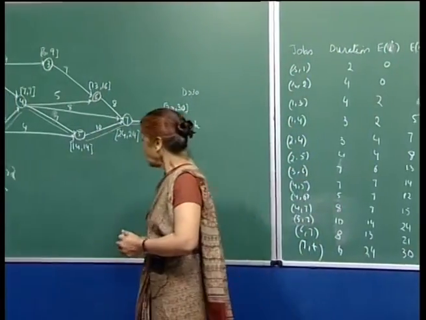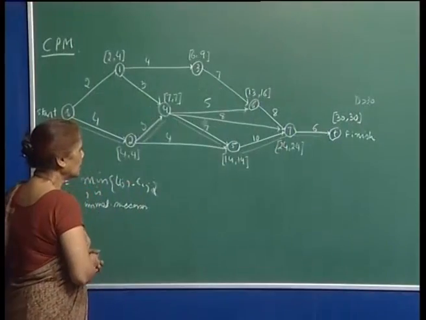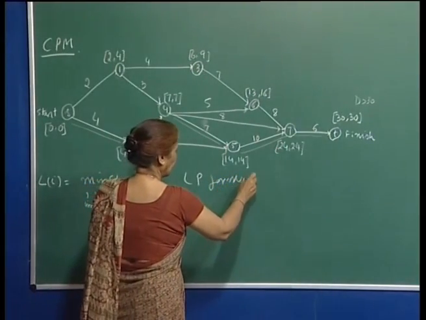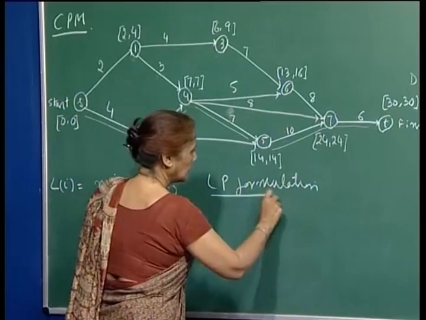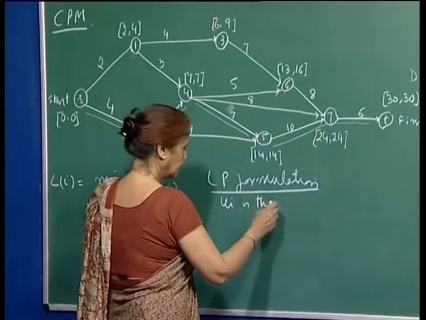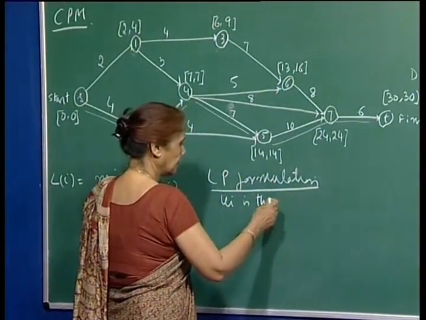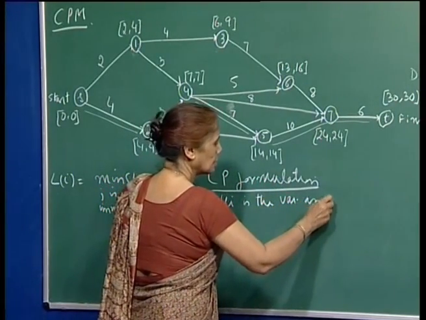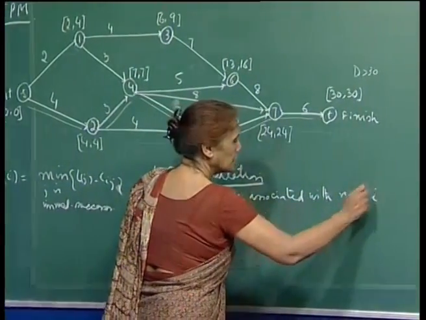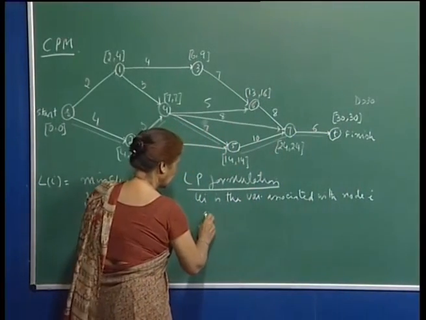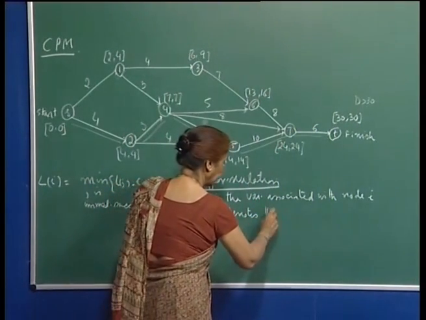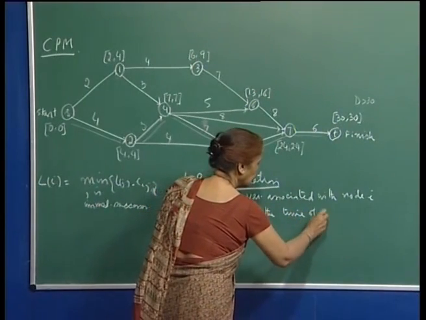I will talk about it in a minute, but here, as I said, the linear programming formulation can also be used. Here, Ui is the variable associated with node i and denotes the time of its occurrence.